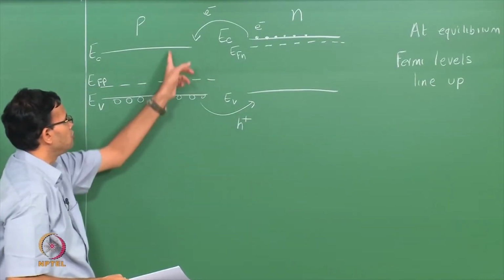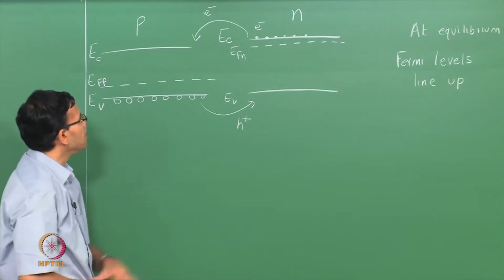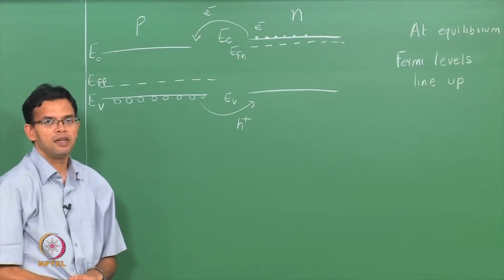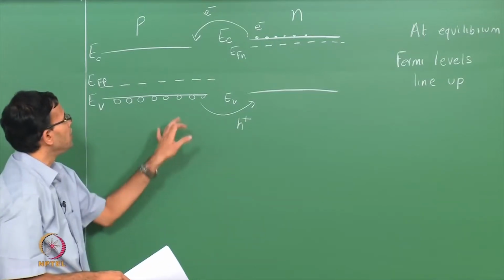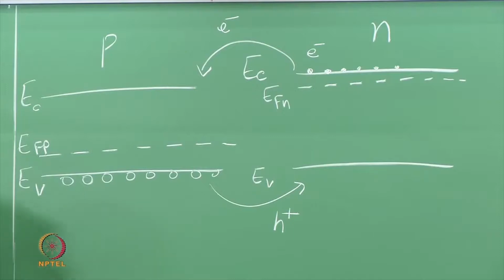Because we have electrons moving, we will have a net positive charge on the n side. Because we have holes moving, we will have a net negative charge on the p side. So, once again we will have a contact potential between the p-n junction. Let me draw the junction in equilibrium.